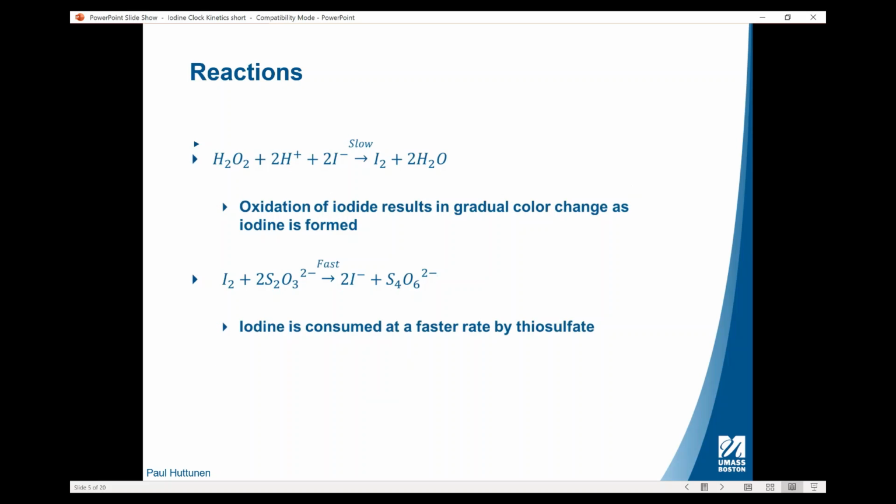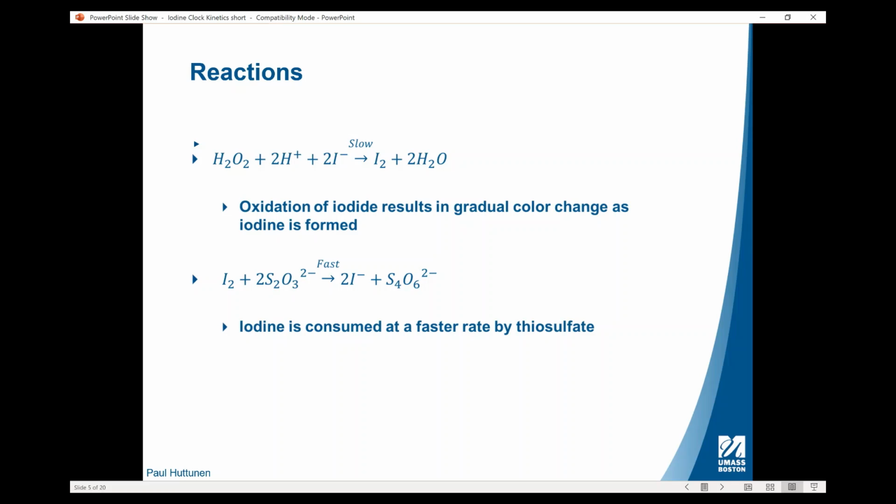Okay. So today's reaction is the oxidation of iodide, the ion, into iodine, which is I2, elemental I2.